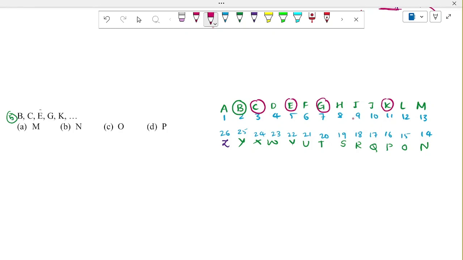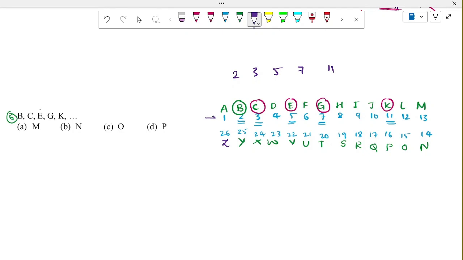Can you identify the pattern? You see these numbers. Observe these numbers carefully. It is 2, 3, 5, 7, and then 11. So 2, 3, 5, 7, 11.